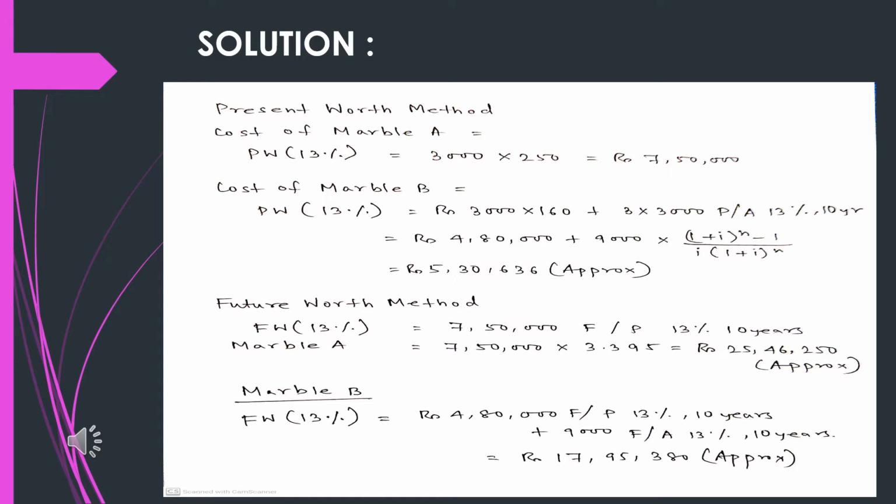To take that into consideration, we multiply the rupees 3 per square feet with the total 3000 square feet, and we get 9000, which is an annual worth value, repetitive in nature, and we need to transfer that value into present worth. While transferring and adding that value, we use the formula of given annual to get present, which is 1 plus i whole to the power n minus 1 divided by i into 1 plus i whole to the power n.